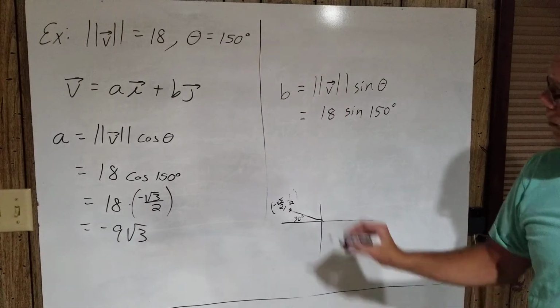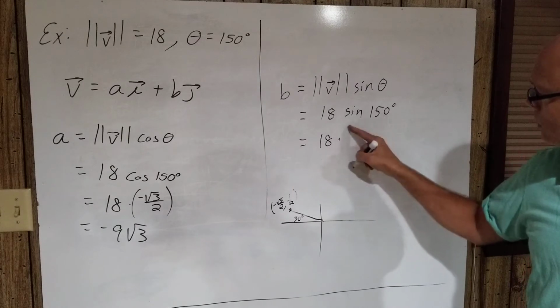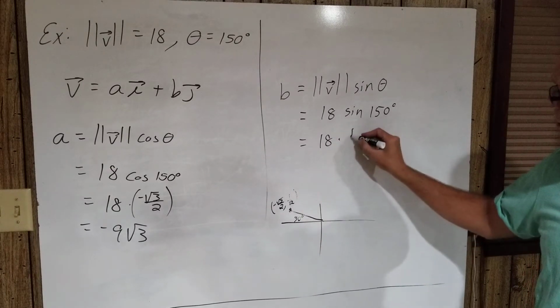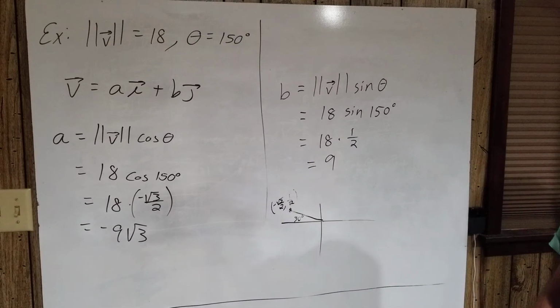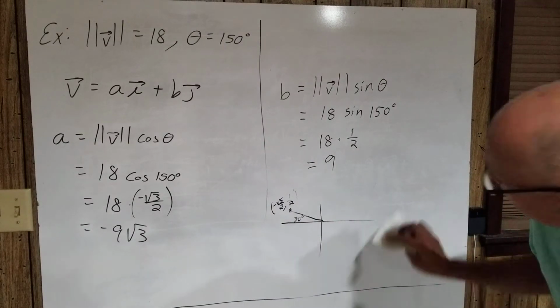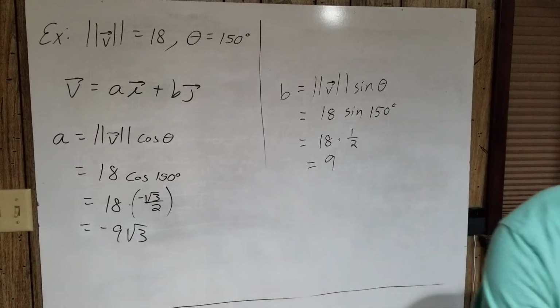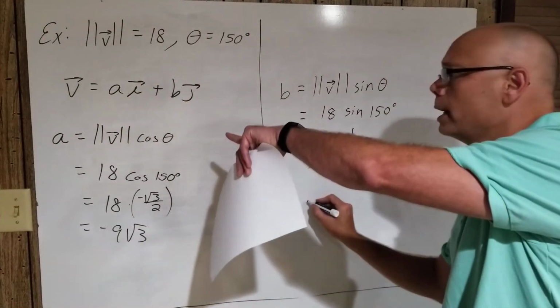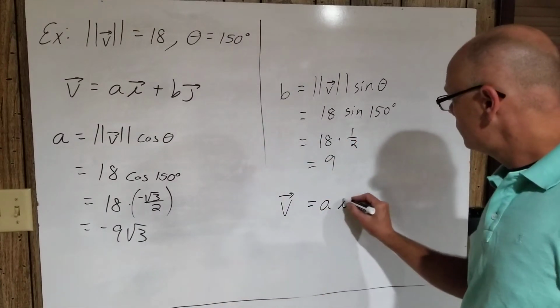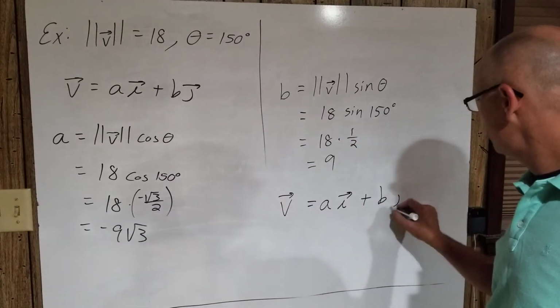What's the sine of 150? 1/2, so that gives me 9. Now they're telling me to write it in the form a times vector i plus b times vector j.